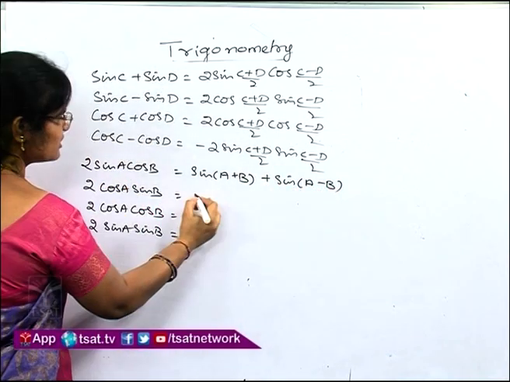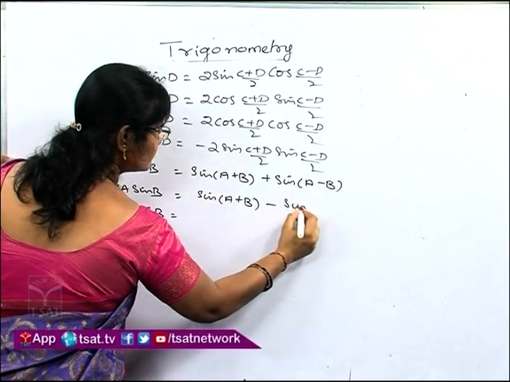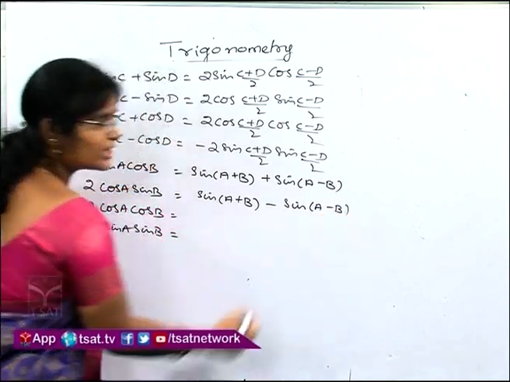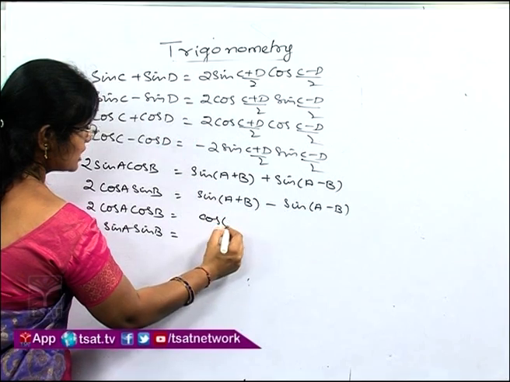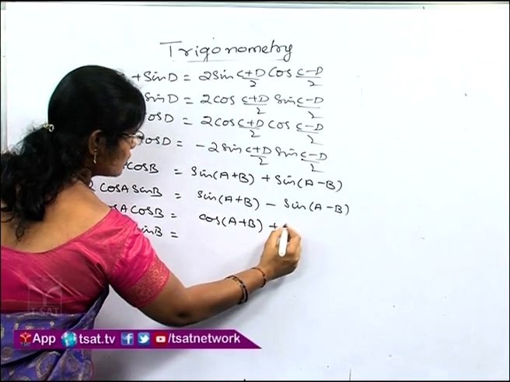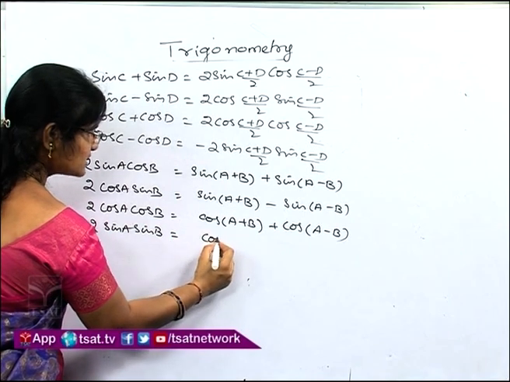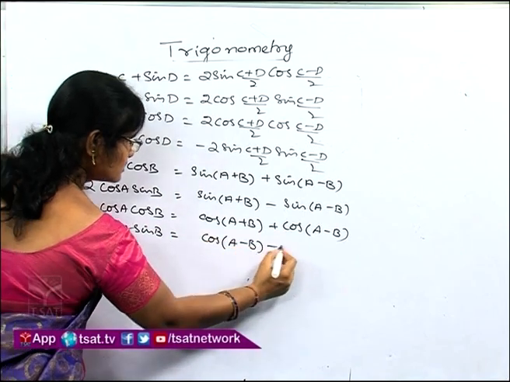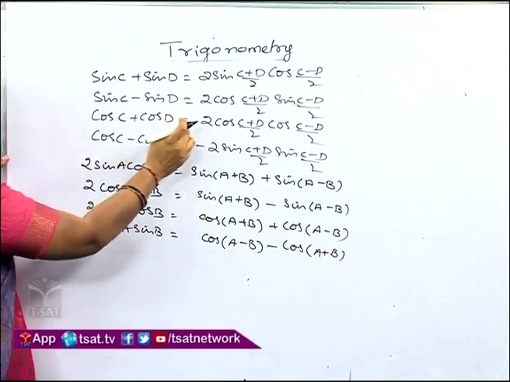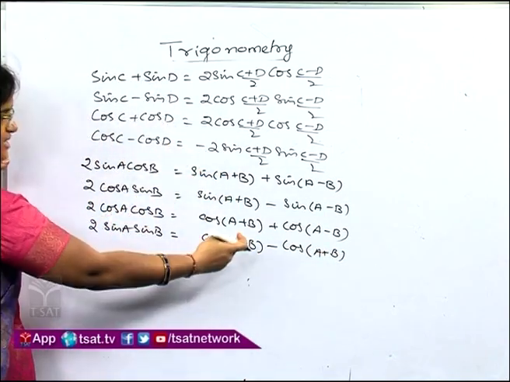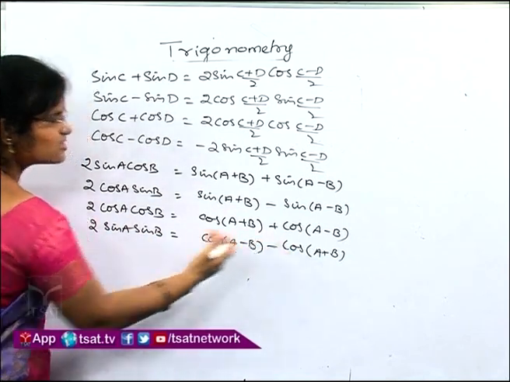Next, cos is coming first, so sin sum minus sin difference. Okay children, sin sum minus sin difference. 2 cos cos terms: cos sum plus cos difference. And the last one, cos difference minus cos sum. Why it changes: this minus sign is there, no children, that he is sending to the other side. If minus goes to the other side, this term minus this term we will get.